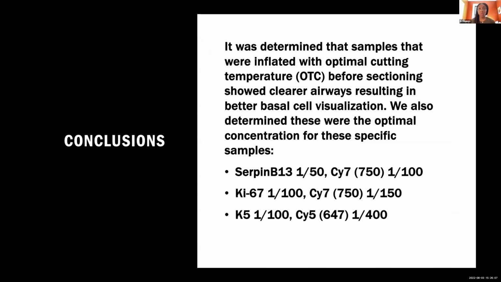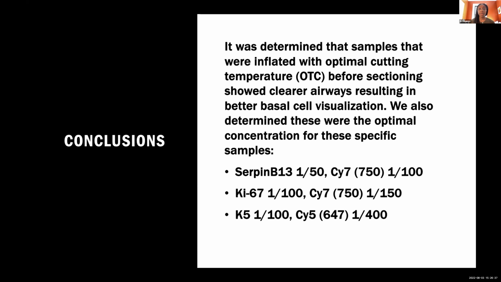So for our conclusions, we determined that tissue samples that were inflated with optimal cutting temperature compound, OCT, before sectioning allowed for clearer airway results and better visualization of the cells within the airways. The concentrations that we were able to obtain for SERPIN-B13 were 1 to 50 for the primary antibody with Cy7 and 1 to 100 for the secondary antibody.